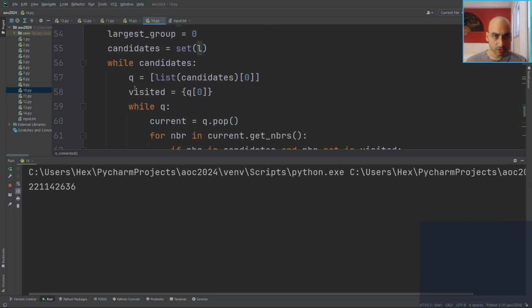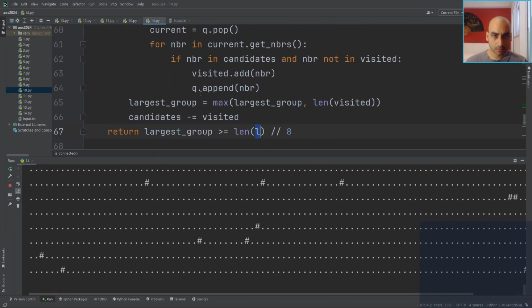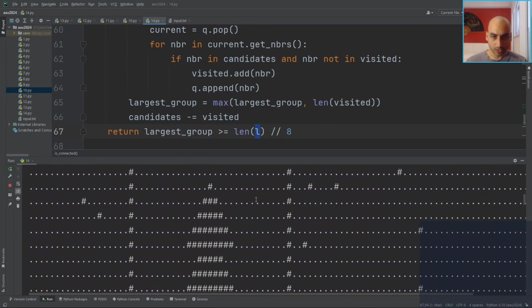Hang on, we want... Alright, I found it anyway. Yeah, so that's fine. Largest group. Yeah, that's not quite... we wouldn't take the length of the set of L because there could be lots of robots in the same place.